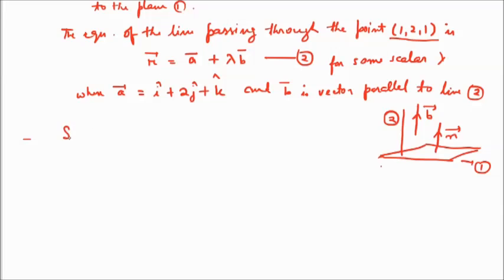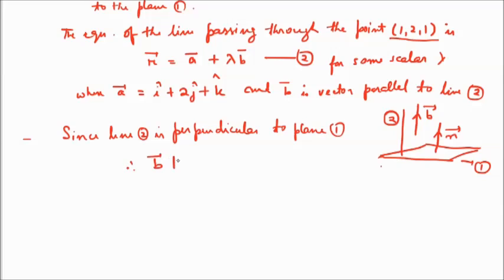Now I can say that since line number 2 is perpendicular to plane number 1, therefore this b vector must be parallel to the normal vector. Very clear from the figure. So by definition of parallel, I can say that this b vector will be some scalar, say mu, since we have taken lambda here, so let us take mu here, into n vector for some scalar mu.